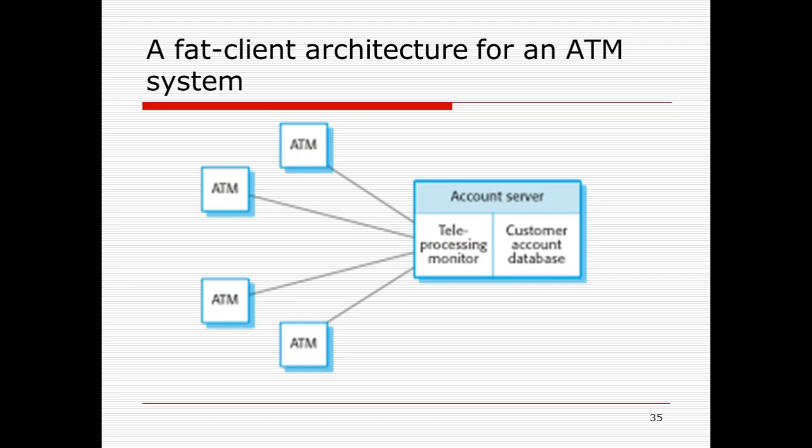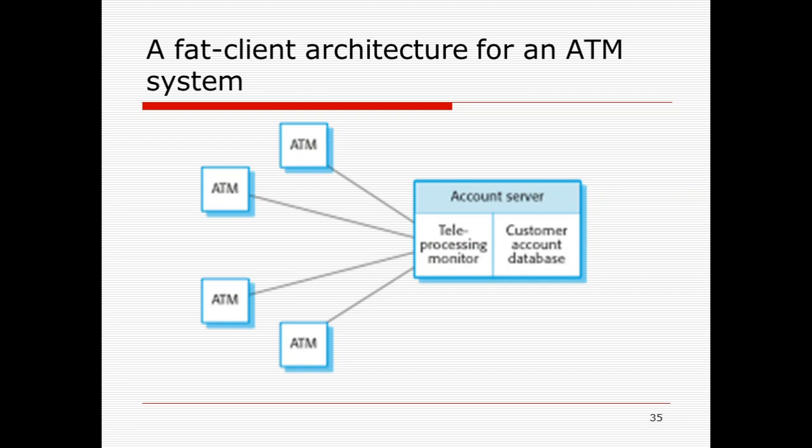The fat client model can be demonstrated with the client server architecture of an ATM system, where many of the processing tasks are actually done on the client side. Then we have the mainframe server as the backend system of the ATM networks.